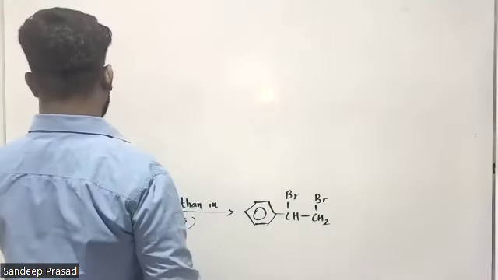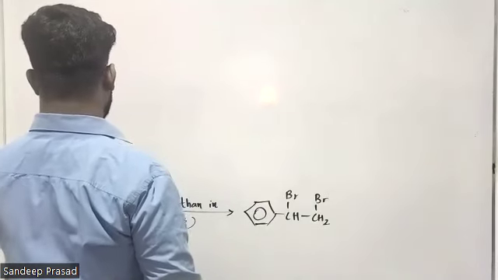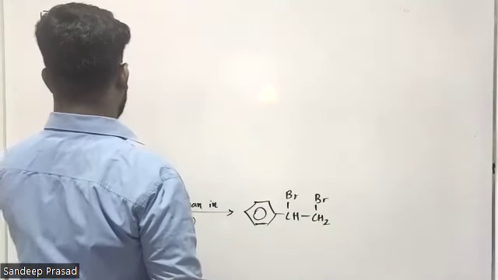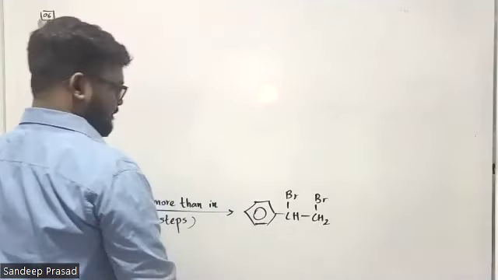So how about if I do the conversion in this way? Since they have given chlorobenzene, definitely a Grignard reagent should be there.